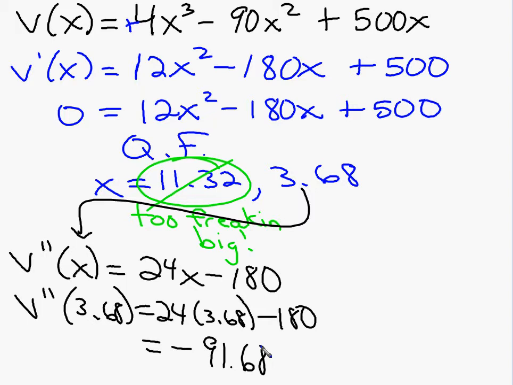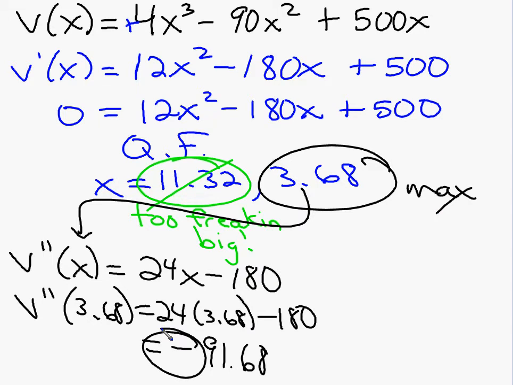So now I know that this thing is a max because I got a negative value when I plugged the critical point into the second derivative. Now, all I have to do is, this 3.68, that is my x. That's my cutout. All right?